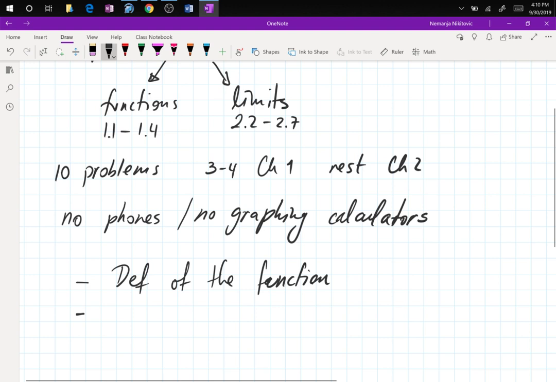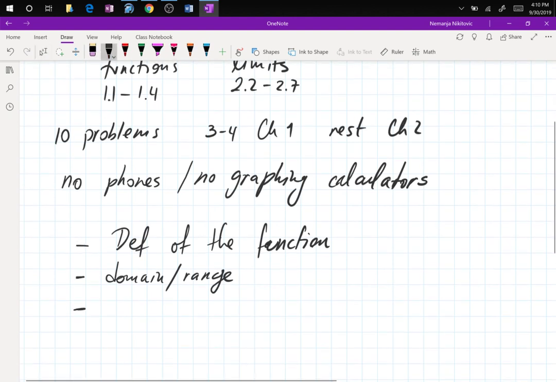Now, what else are we talking about regarding the first chapter? Well, definitely we have the domain and range. We have graphing, which is shifts and reflections.